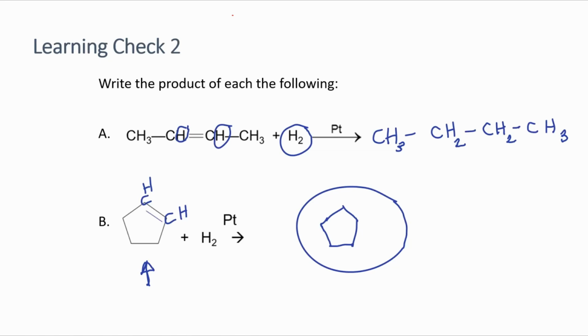Once you add the hydrogen, it becomes CH2 and CH2. So you don't need to show that. You can just draw it like this. Same molecule. Okay, so those are the products for the hydrogenation reactions.